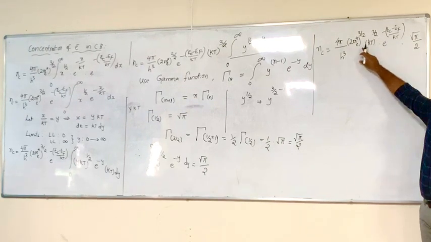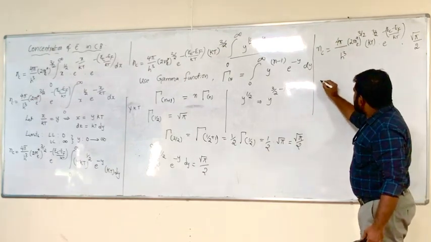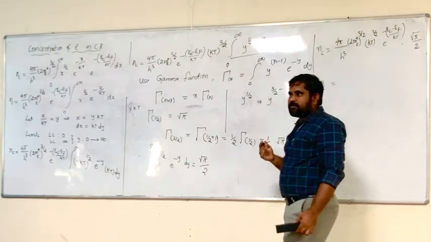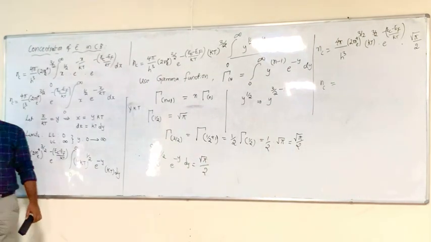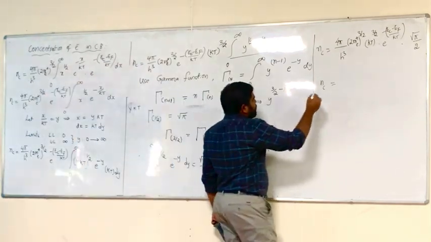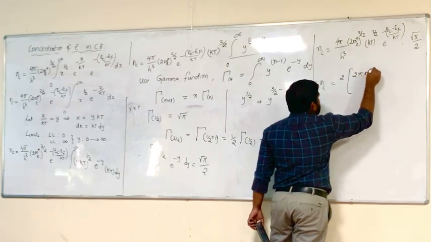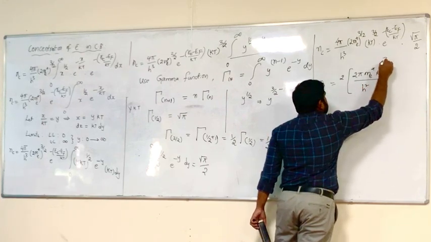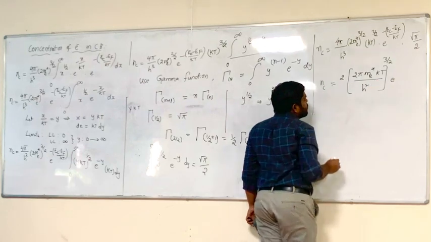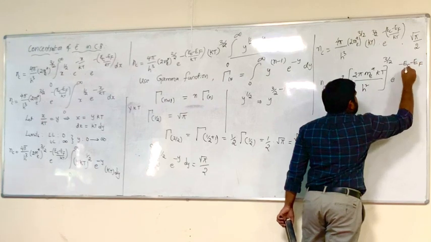Here kT is in 3 by 2, and this is also in 3 by 2. Together I put it under 1 3 by 2. So if I keep everything in the square bracket, it becomes 2 into (2 pi m kT by h square) to the power 3 by 2 into e to the power minus (Ec minus Ef) by kT.